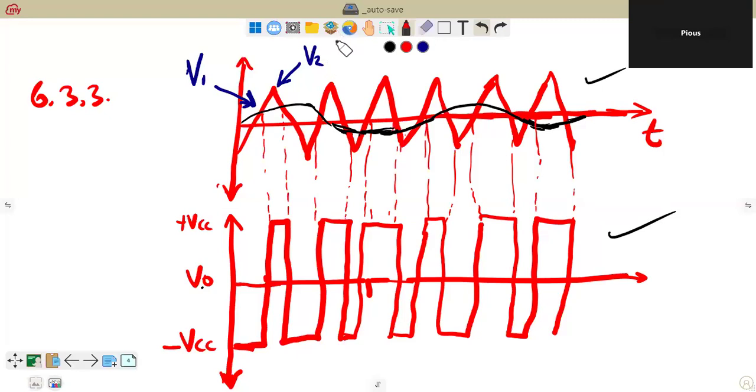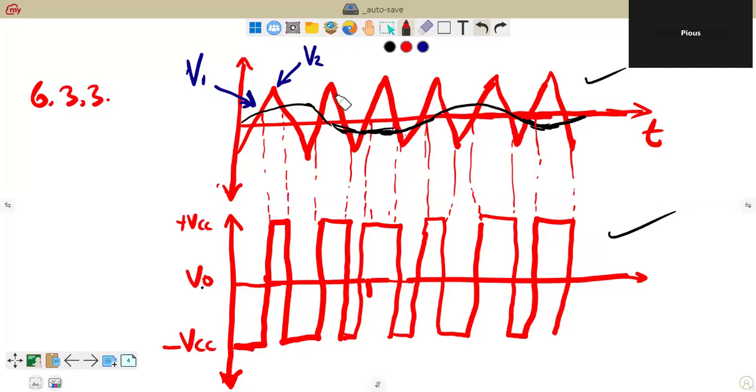All right. Question 6.3 was asking for the input and the output waveform of the comparator, which is our above op-amp. This is the input and this is the output waveform. What we should also know is that this is quite an interesting op-amp. It doesn't have a feedback, so it has an open loop arrangement.